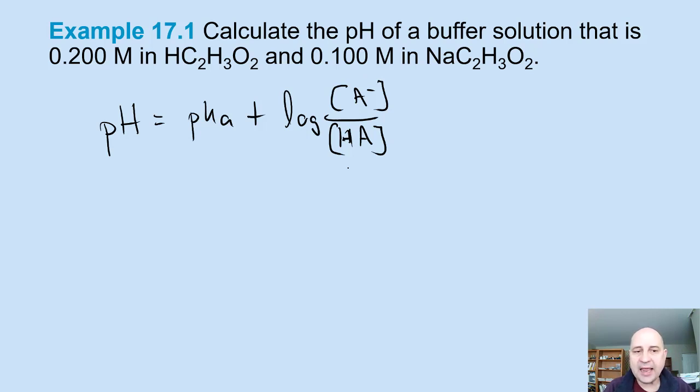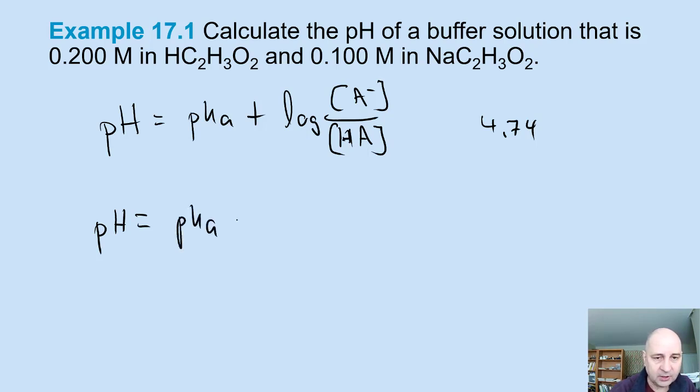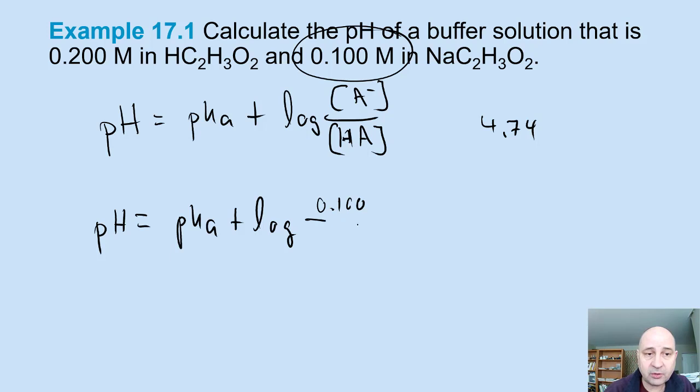And so the pKa, you simply take the negative log of the 1.8 times 10 to the minus 5 of the Ka. So the pKa happens to be 4.74 in this case. So we can say that the pH equals the pKa plus the log. The base concentration is 0.100, and the acid concentration is 0.200.